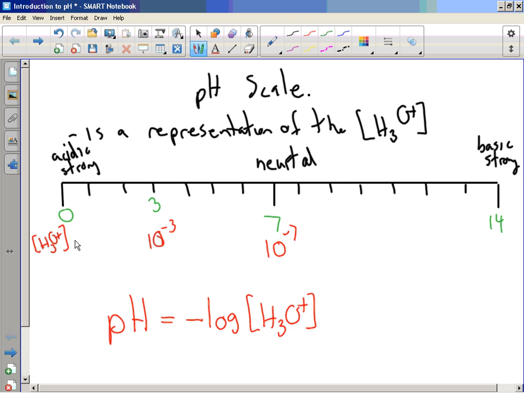Because anything to the exponent 0 is 1. So the concentration of the H3O plus at a pH of 0 is 1 mole per liter. If I have 1 mole per liter H3O plus ions in a solution, its pH will measure as 0. All right? That's kind of neat.